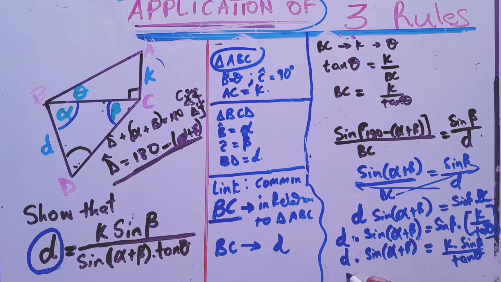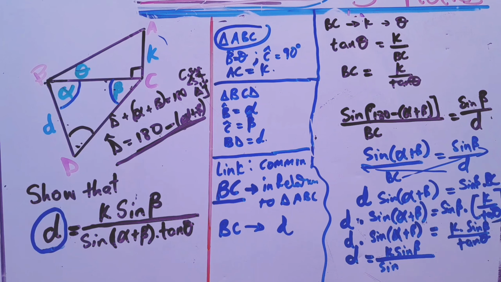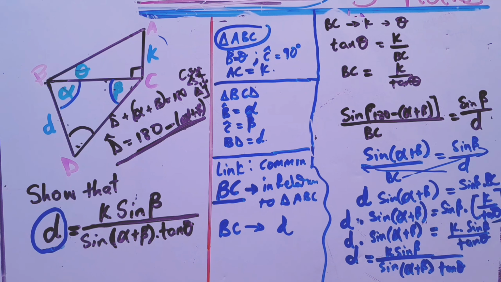So it means that lastly, our D becomes K sine of beta all over sine alpha plus beta tan theta. So we divided throughout by this.